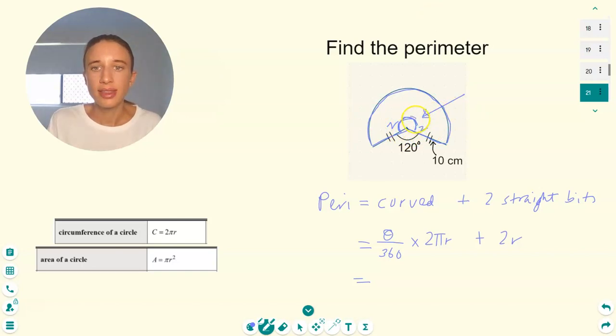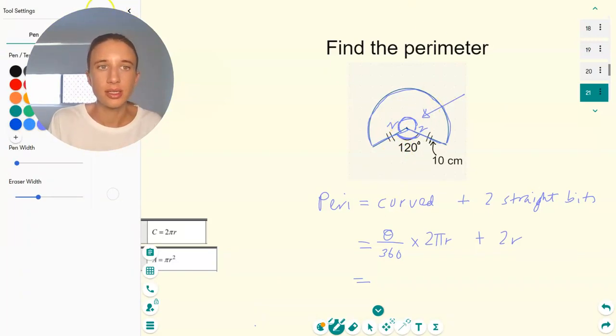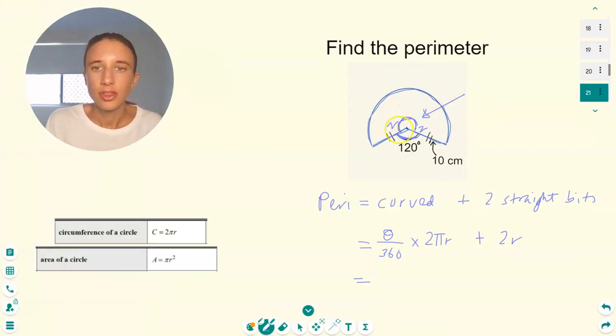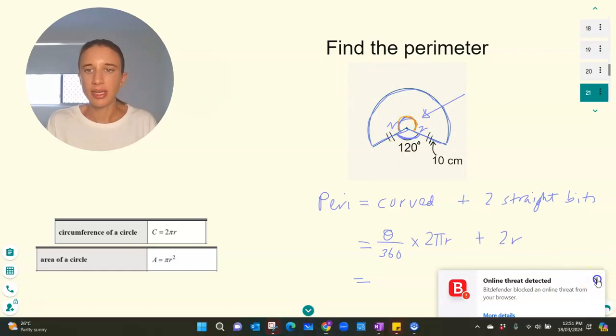Well, we know that in a full circle, there's 360 degrees. And we're given the outer bit, which is 120. So let's actually see this. So full circle, 360. But we just want this bit here.